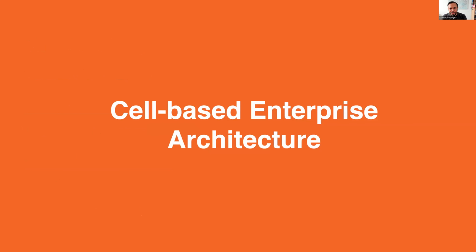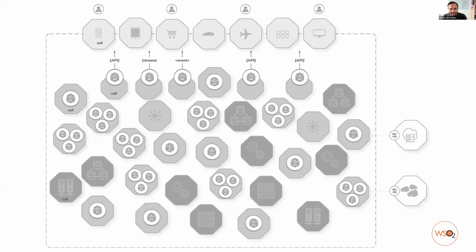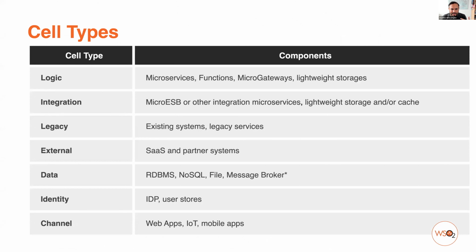Then if you look at the enterprise architecture, because now we looked at individual components and cells, but it has to fit into the enterprise. So it will look like this, like you will have multiple cells running inside your enterprise. And we can categorize these cells into logic, integration, legacy, external, data, identity, and channel.